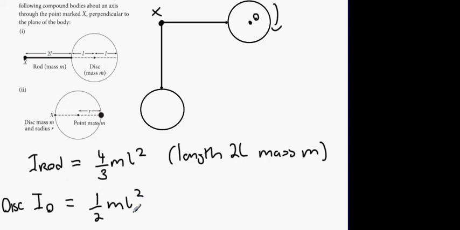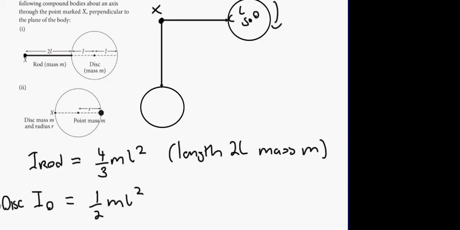Mr squared, mL squared, same deal. So its radius is L. Now the problem with this is it's not rotating around O, it's rotating around X. Since both axes go into the page, they're parallel axes. That means we can use the parallel axis theorem for the disc.